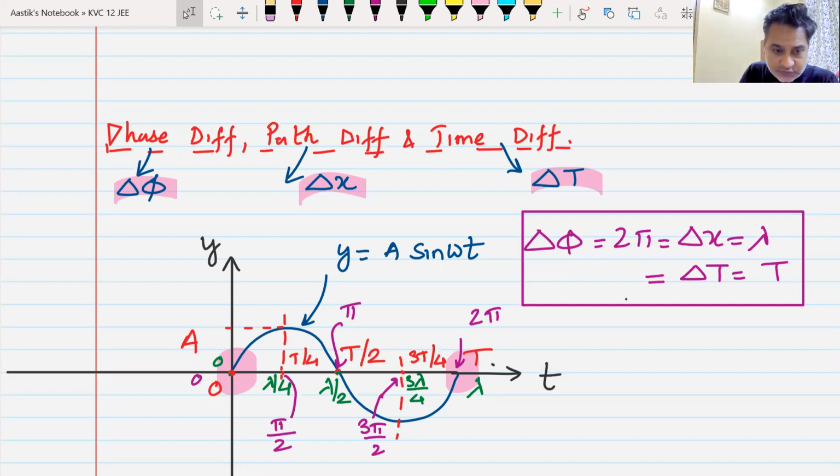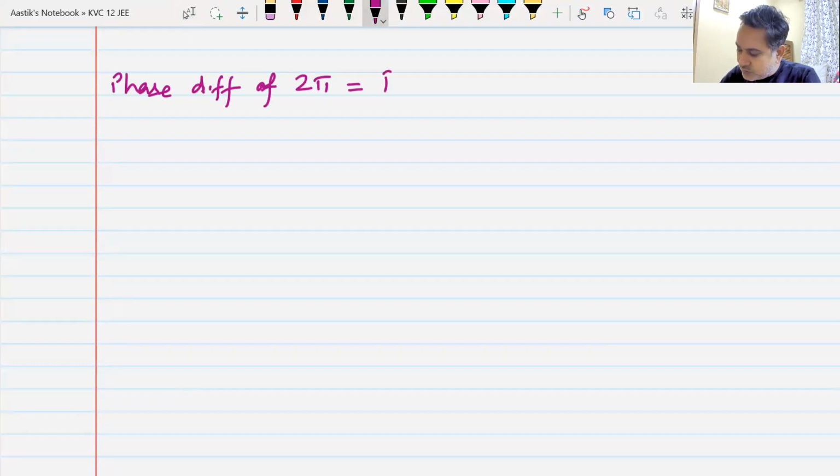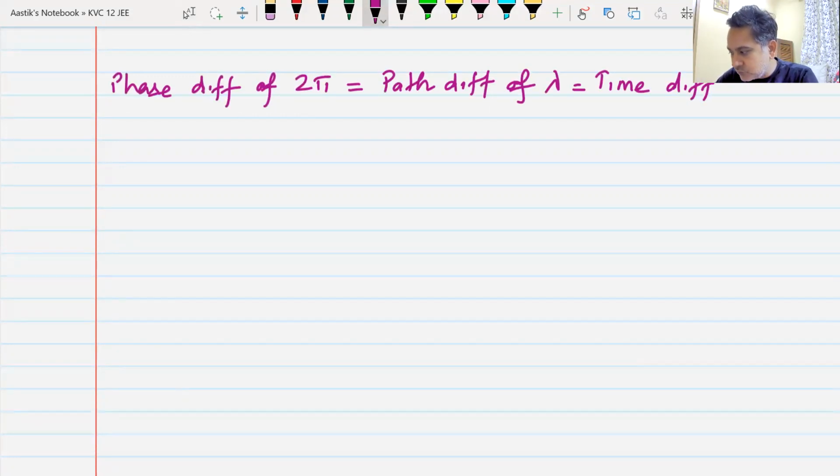Yes. Now, in short, if I summarize everything with a formula, a phase difference of 2 pi is equal to a path difference of lambda, which is equal to a time difference of T. So if I have to convert phase difference into path difference or time difference, I can use this formula.